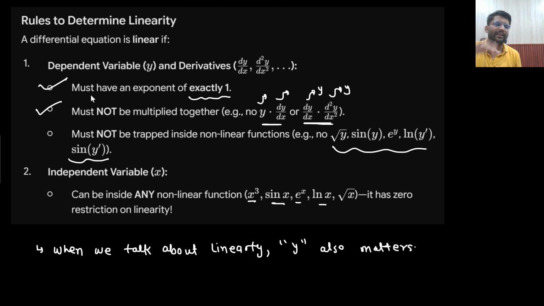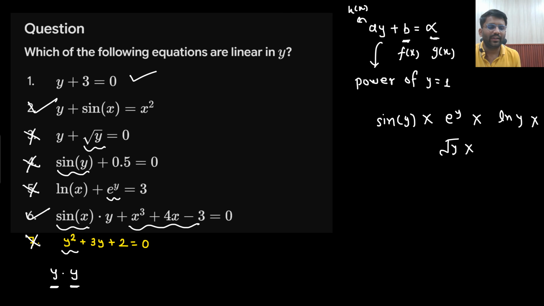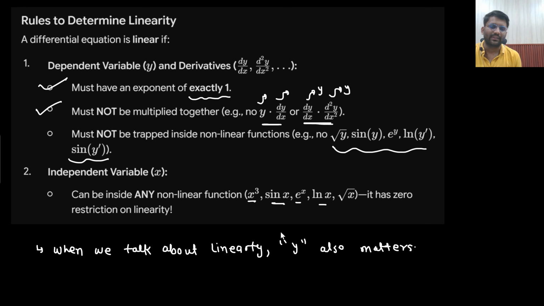And they should not be trapped inside anything, like sinusoid, e to the power y, ln y dash, or sin inverse y dash. Understandable? But x can do anything. We don't care about x. X is an independent variable which will be like a constant for us. Whether it is about degree or linearity, we don't care about x.